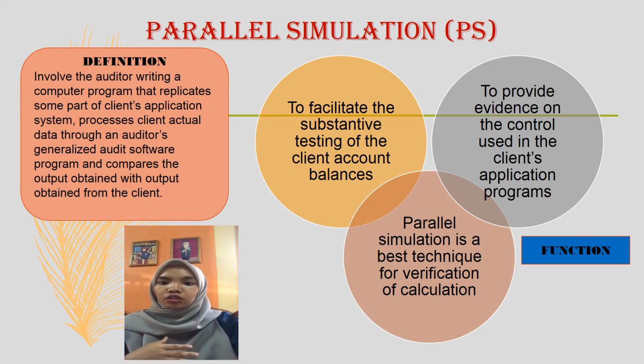It also functions to provide evidence on the control used in the client's application program. Parallel simulation is the best technique for verification of calculation, for example, calculation for depreciation, interest, tax, and payroll.